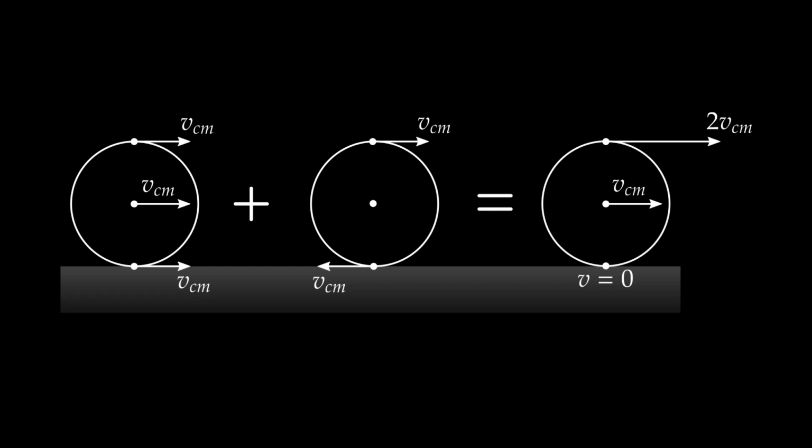Rolling without slipping because there's no relative motion between the point of contact of the bottom of the disc and the table. It's kind of a difficult thing to get your head around because the disc is moving. But the surface of the outer edge of the disc is not moving relative to the table. That is, the relative velocity is zero. Since the relative velocity is zero, the tangential velocity of the disc must be the center of mass velocity, and I can put that notation there.